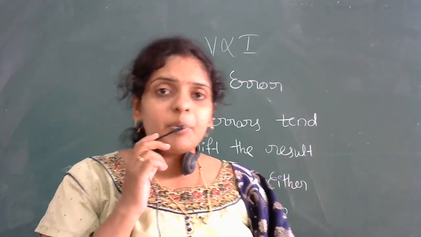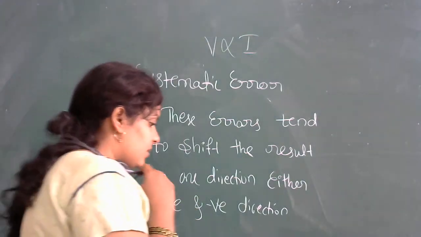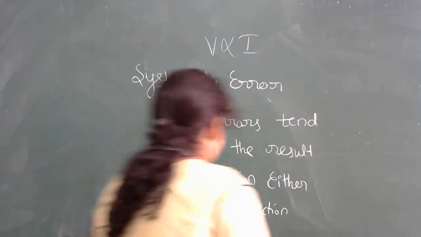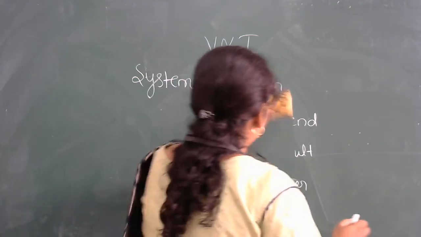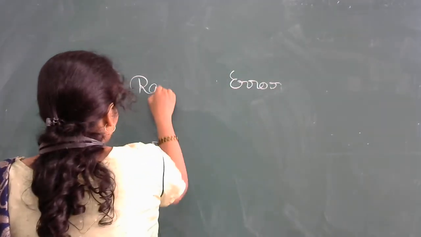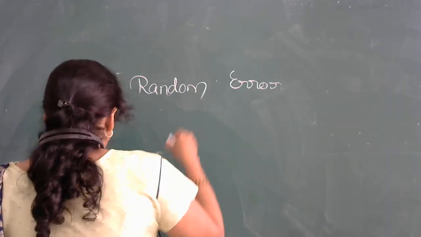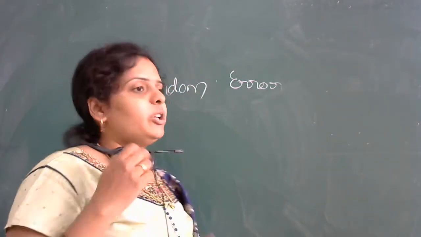Then the second type of error is random error. So what do we mean by random error?